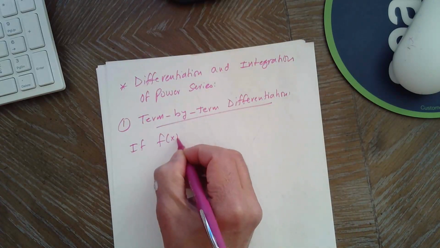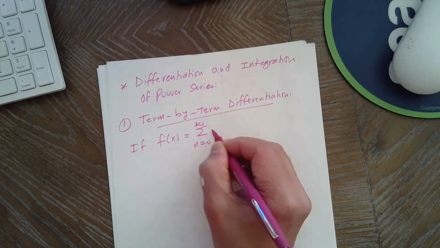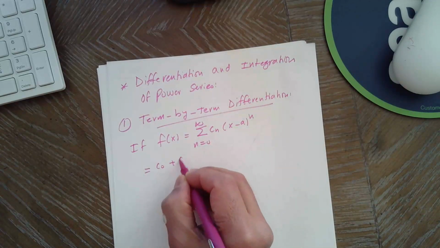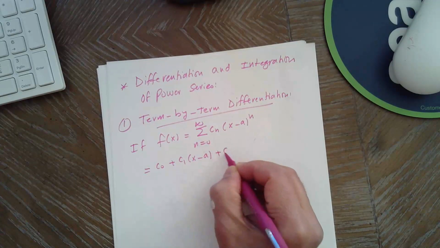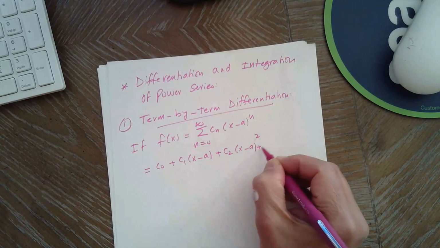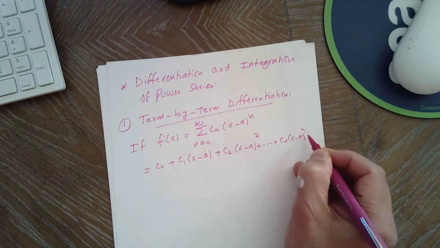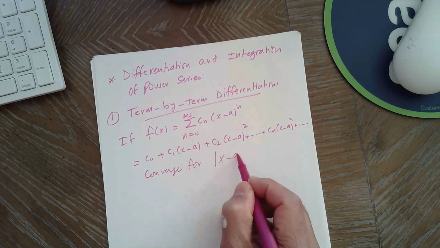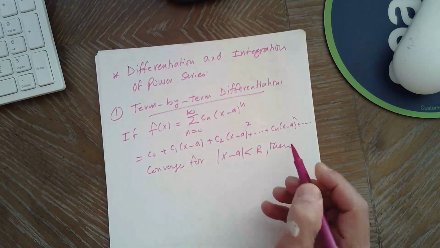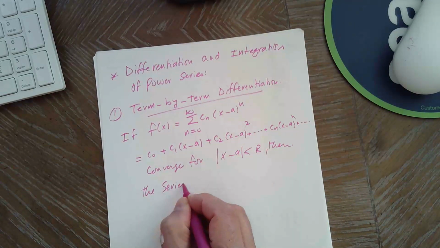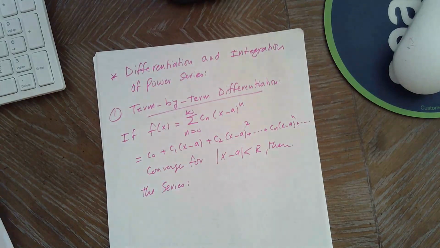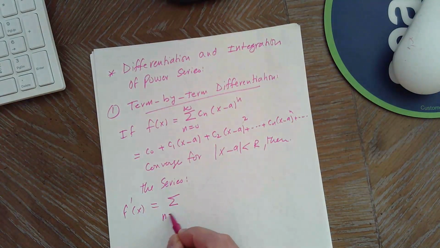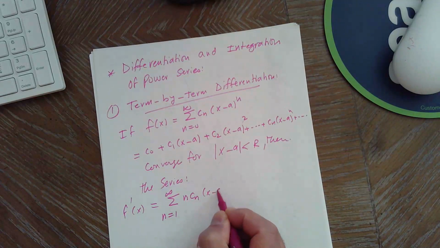If f of x equals the general power series, the sum of Cn times (x minus a) to the n, which equals C0 plus C1 (x minus a) plus C2 (x minus a) squared plus and so on plus Cn (x minus a) to the n, which converges for absolute value of x minus a less than R, then the series f prime of x equals the sum from n equals 1 to infinity of n Cn (x minus a) to the n minus 1.